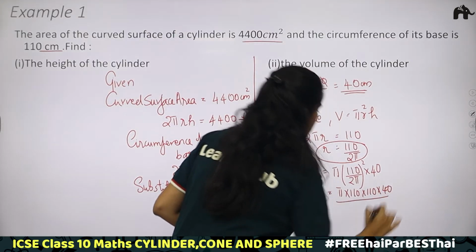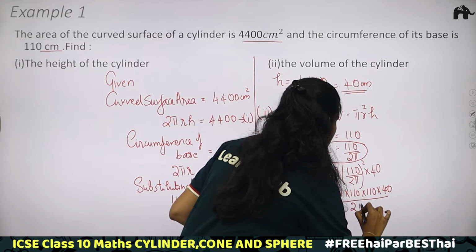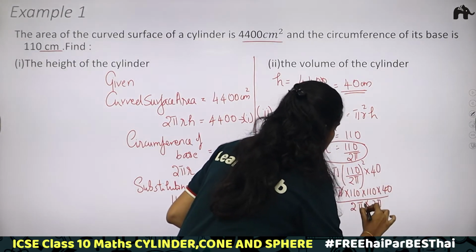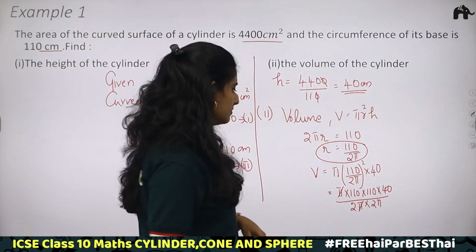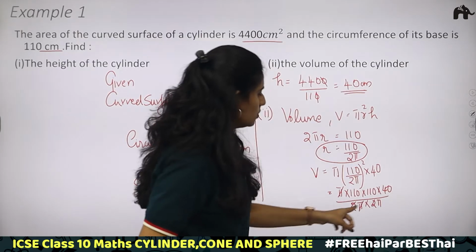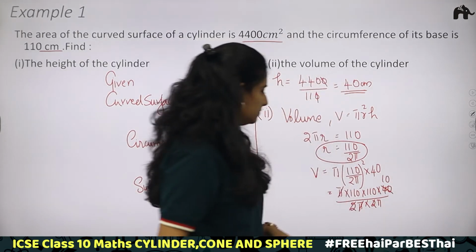What about the denominator? In the denominator we have 2 pi square, 2 pi into 2 pi. Pi gets cancelled. Here we have 2 and this 2 can be cancelled. 2 into 2, 4. 4 into 10 is 40. This becomes 10.